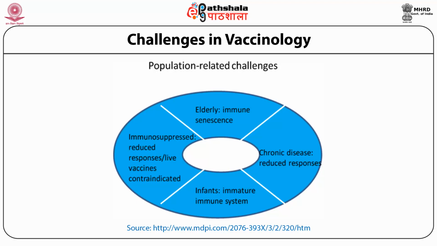So even if they are given traditional vaccines, the immune response is not that strong. Moreover, infants have an immune system which is still not mature, and another problem is faced by immunosuppressed patients and pregnant women, because there we need to balance the advantages of vaccines with the risks associated with these populations.